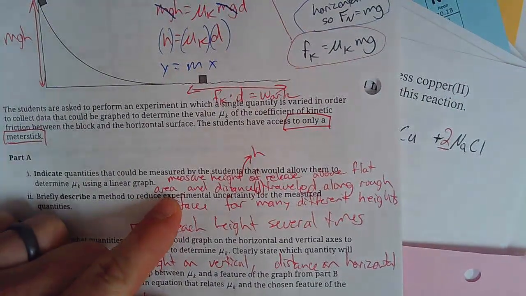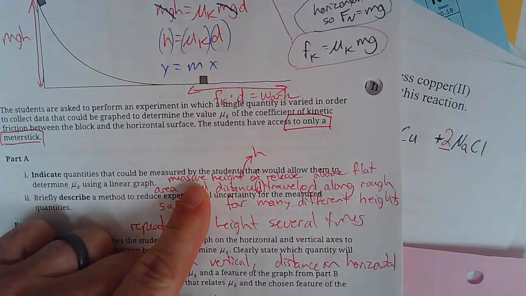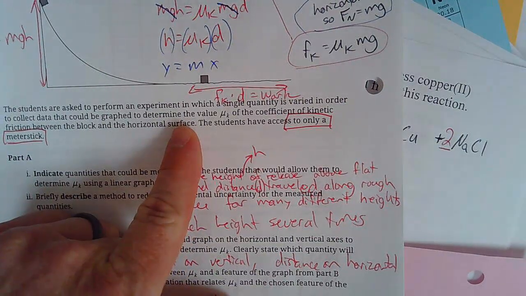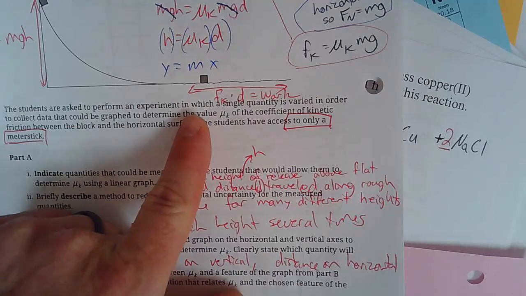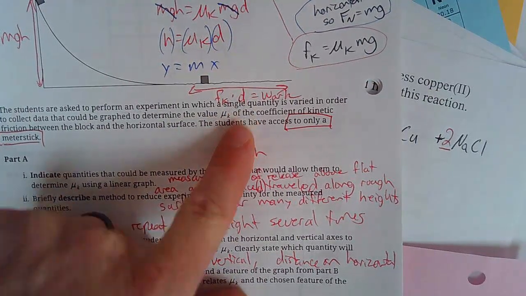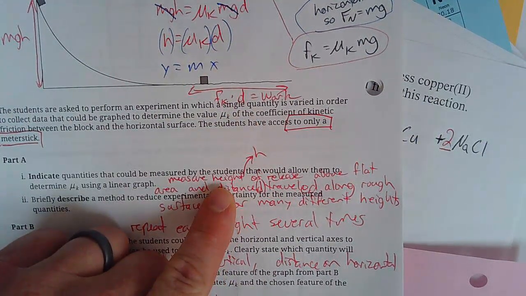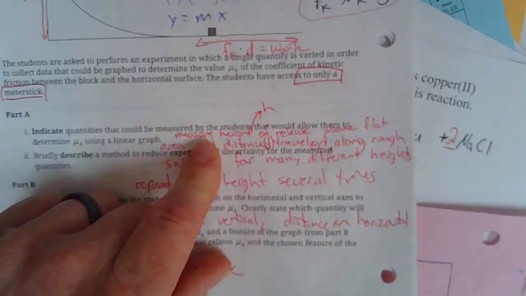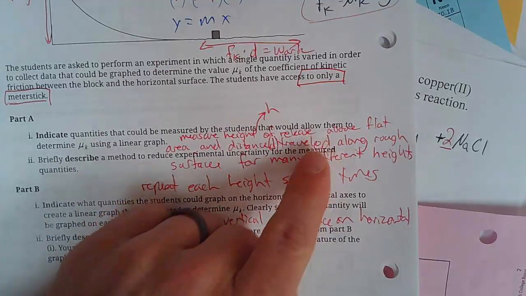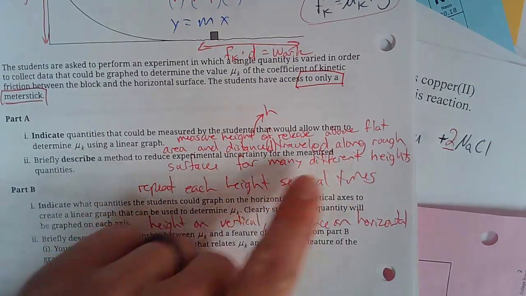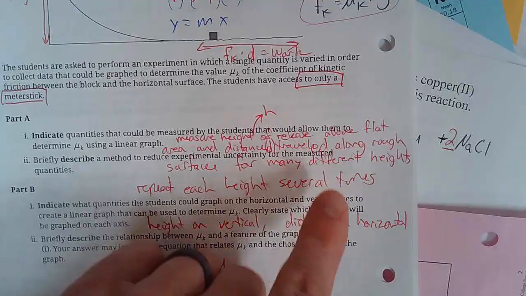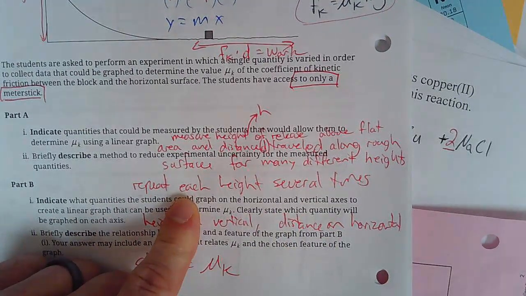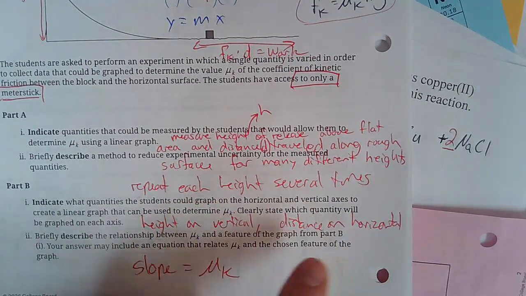Now, I think what you needed to say here is that you're going to measure height, and since they said they only want you to vary a single quantity, the single quantity you are going to vary is that height. So you're going to measure height of release above the flat area and the distance traveled along the rough surface for many different heights, and then repeat each height several times.